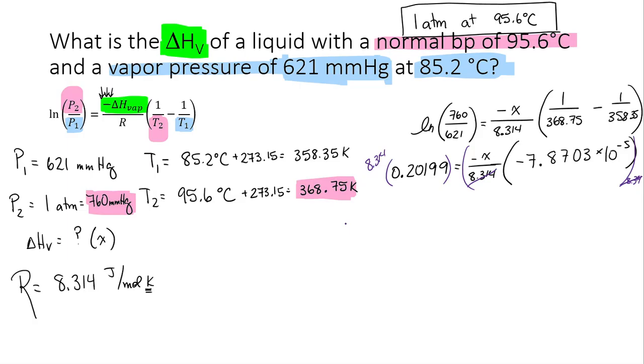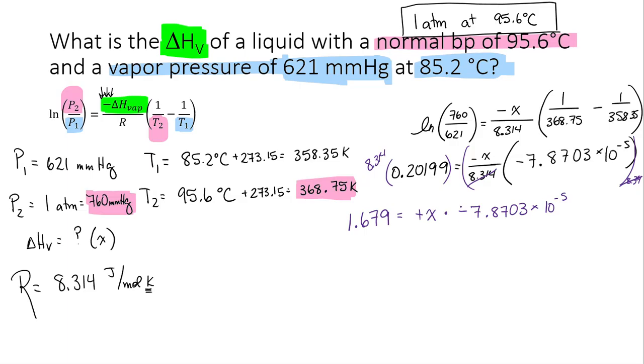Okay, yes. I was just looking back at what I had written down, and I am still just absolutely praying I get this right. 1.679 equals negative x times negative 7.8703 times 10 to the negative fifth.